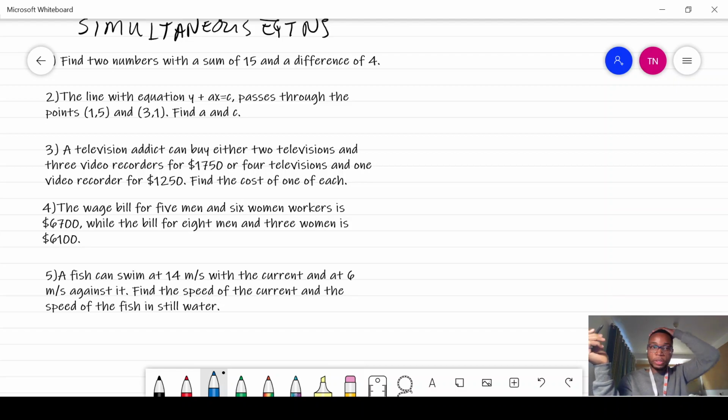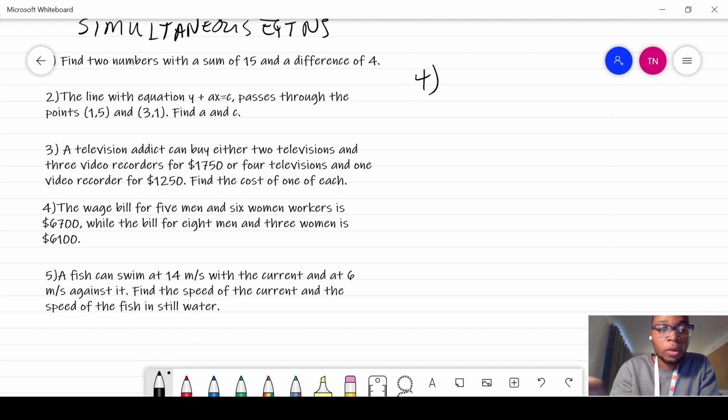So now, question number 4. We are told that the wage bill of 5 men and 6 women is 6,700, while the bill for 8 men and 3 women is 6,100 US dollars. So it's also very simple.